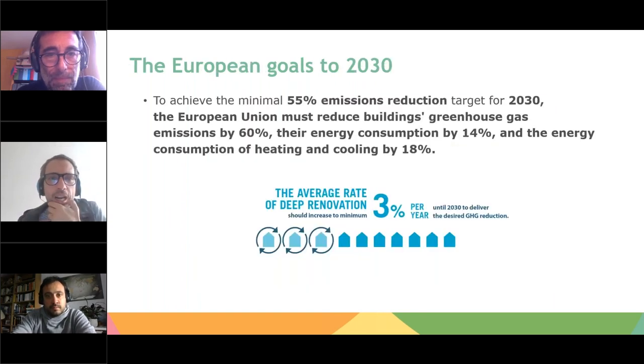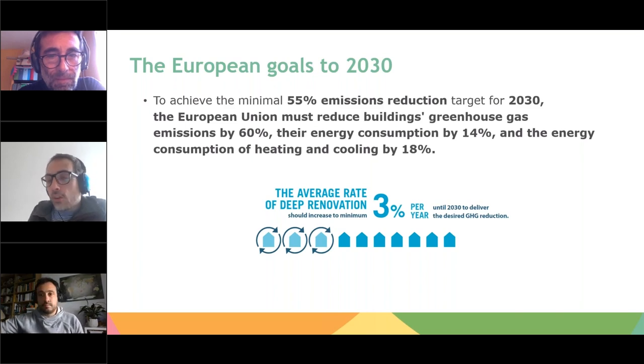So next one: to achieve the minimum 55% emission reduction target for 2030, the European Union must reduce building greenhouse gas emissions by 60%, the energy consumption by 40%, and the energy consumption of heating and cooling by 18%.